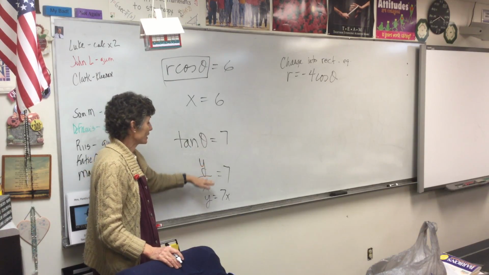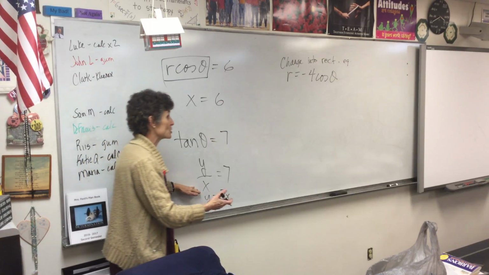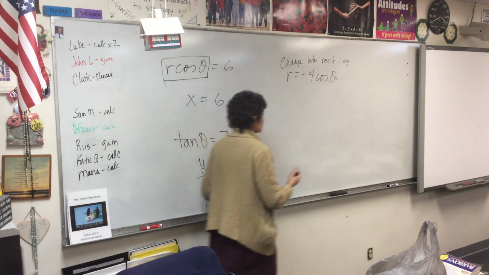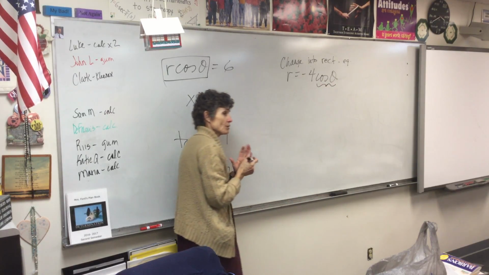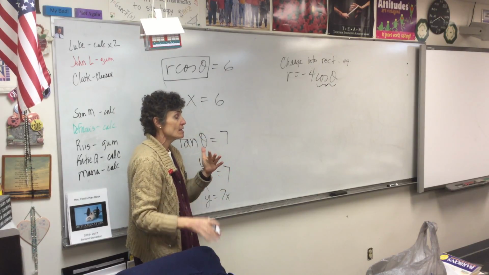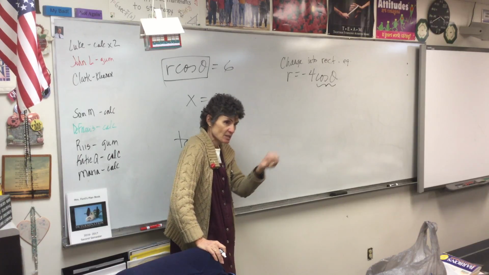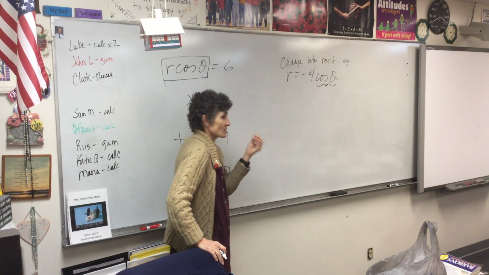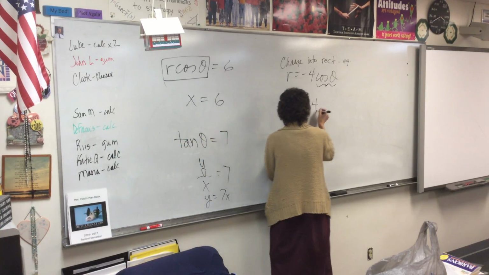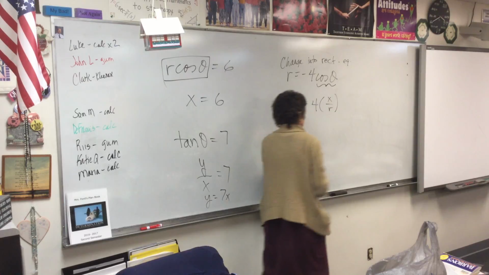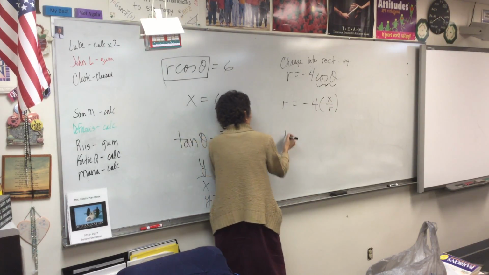So let's do that, maybe kind of make a habit of that. If we're changing from polar to rectangular, let's at least think about changing the function, sine, cosine, tangent, whatever it happens to be. So what is cosine? x over r. So let's do that. Now I'm going to multiply by r to clear the fraction.